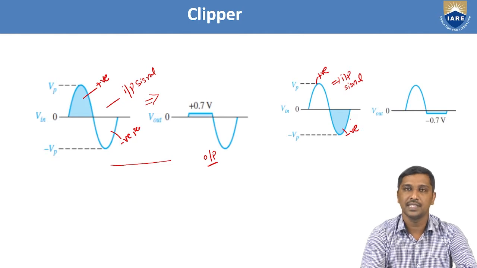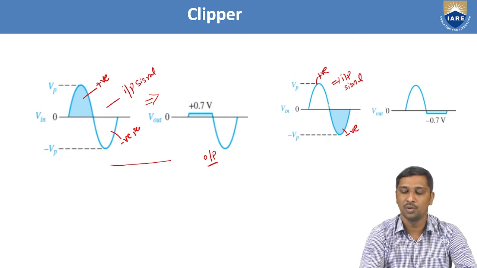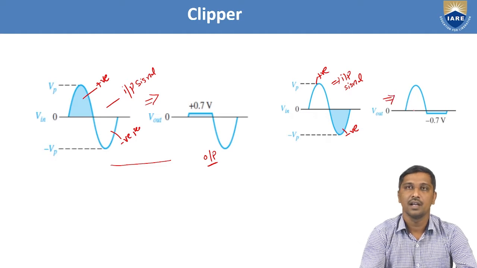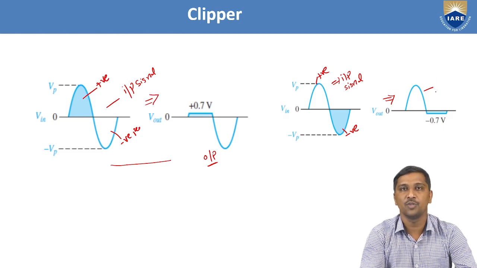When this signal passes through a clipping circuit that allows the positive portion and attenuates the negative portion, I represent the response here. Based on this response, that circuit is called a negative peak clipper with a zero reference voltage.